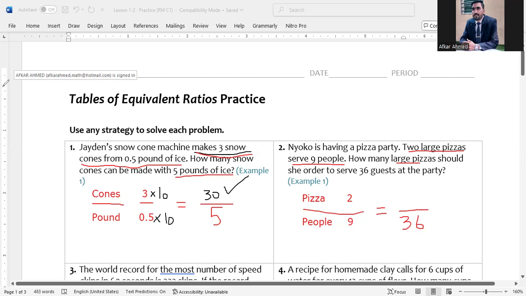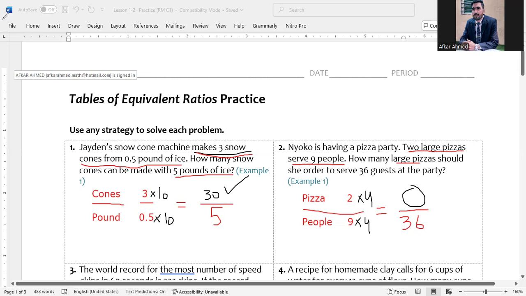Same, we have to find a number: what number we multiply by 9 will give us 36. We know that 9 times 4 is 36. And the same we will multiply here, 2 by 4. So 2 times 4 is 8.